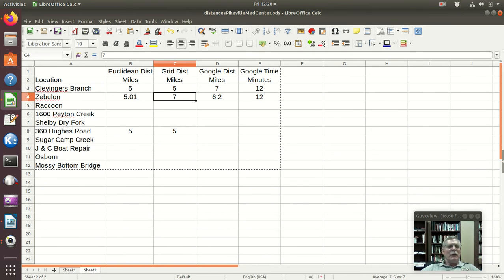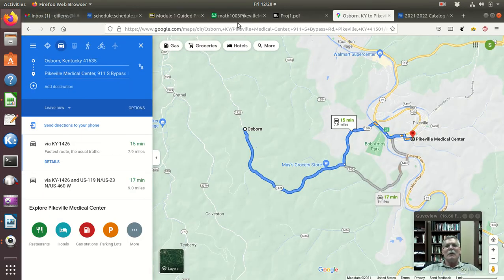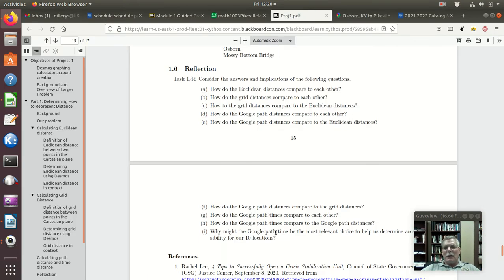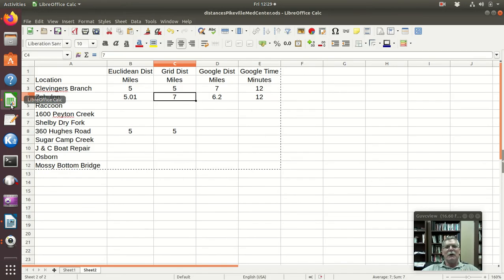And then the next question is, how do they compare to the path distances? So how do the times compare to the distances? And again, it should be interesting in that you should see that just because something is the same time doesn't mean it's the same distance. Just because something is the same distance, there may be some that are the same distance, doesn't mean they'll be the same time.